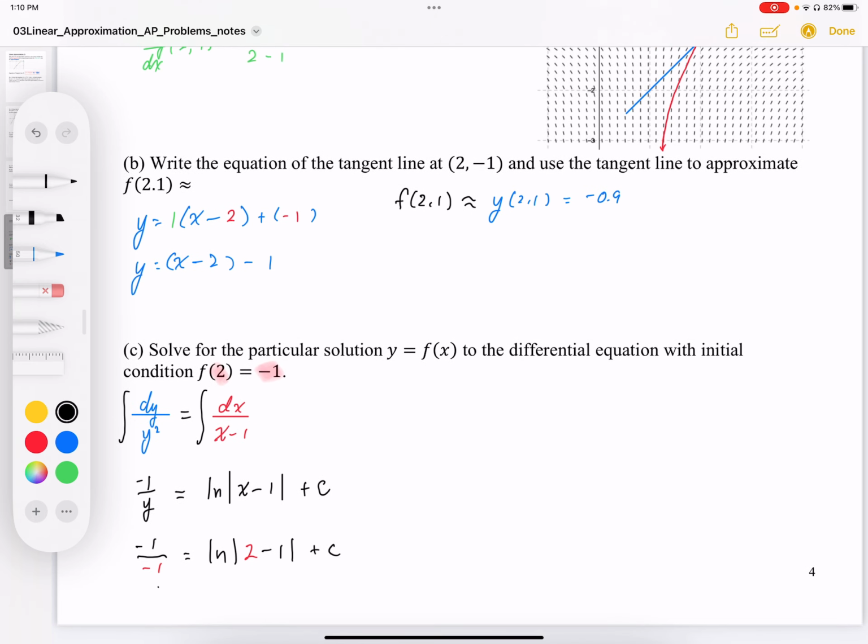So I end up with 1 is equal to log of 1, which is 0, plus c, so c is equal to 1. So when I solve for this, I'm going to plug it back into my equation here.